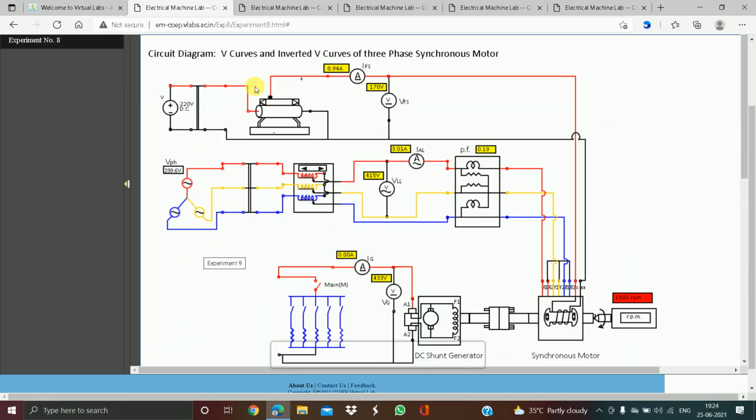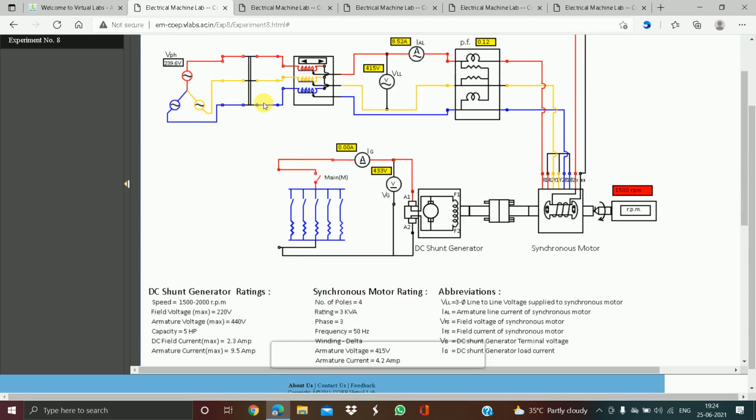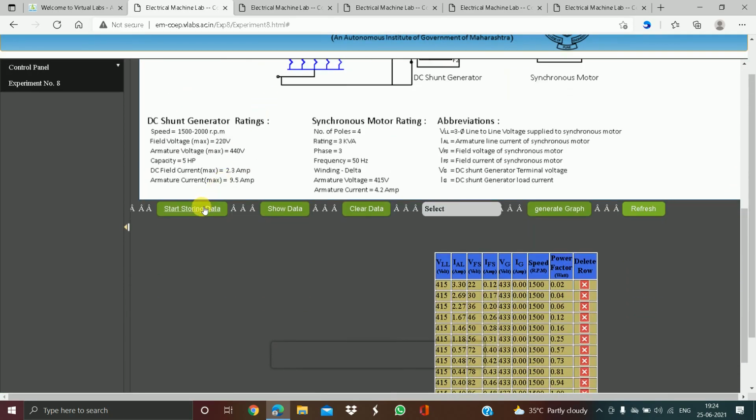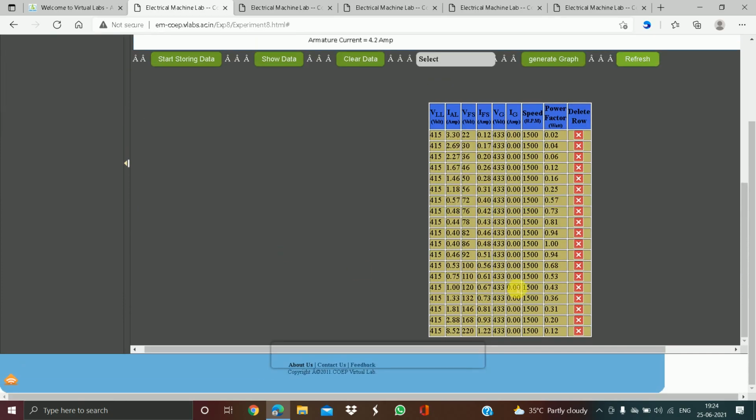By varying it, I have taken several readings, and I have set it to almost 1.22, that is the limit of the rheostat, and I have stored and shown it for several readings.